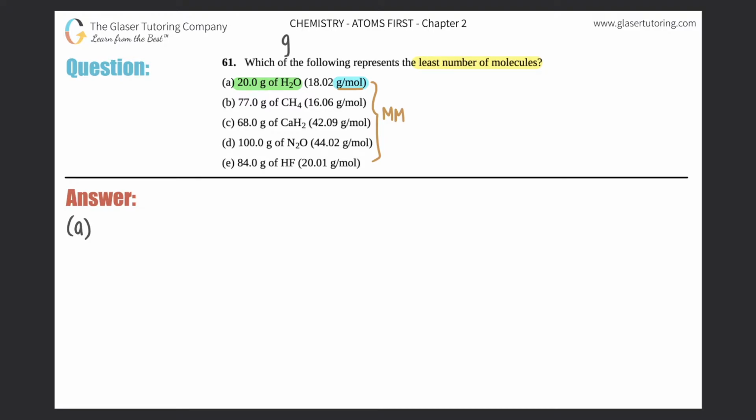So we have to go from grams of a compound and try to get to molecules of that compound, right? Can we go from grams to molecules in one shot? Not really, right? What would we have to do first? We would have to go to moles.